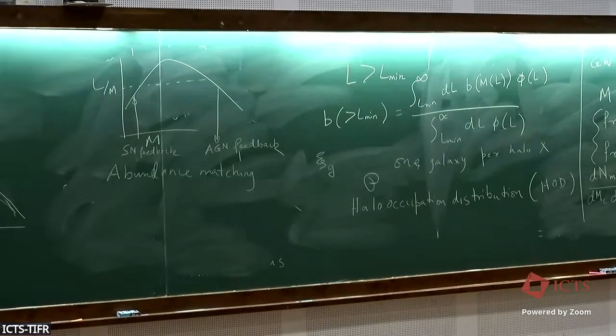So dN_merge by dt observed, d m_c dz will be 1 by (1 plus z) dV_c dz, d tau_d.